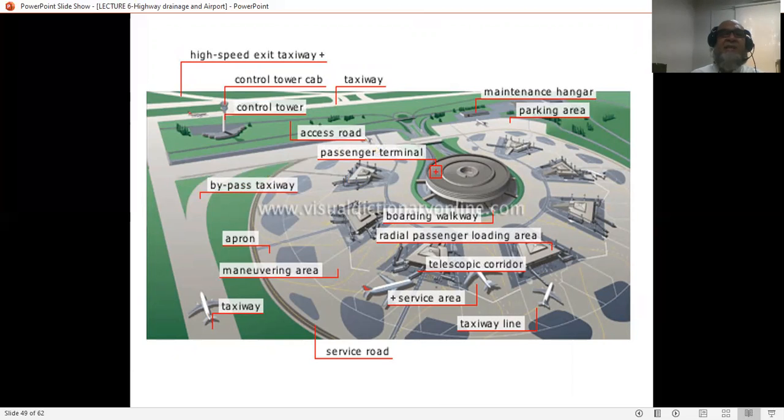And obviously there is a control tower somewhere here. There are other runways. There is a maintenance hangar. A hangar is a place where aircraft are overhauled, checked, and kept when not in flight. And this is the parking area for the vehicles. Then there are boarding walkways. This is a terminal building, circular in shape. So the aircraft is like here.